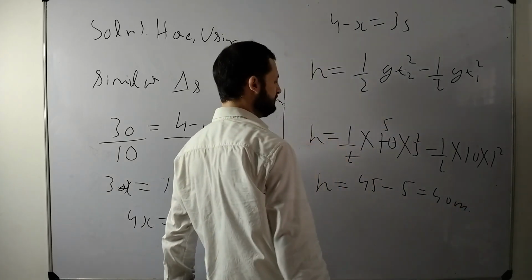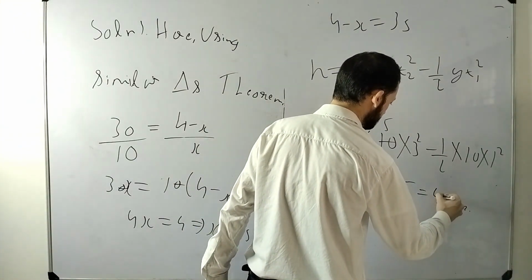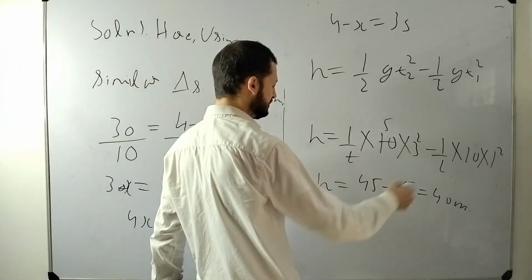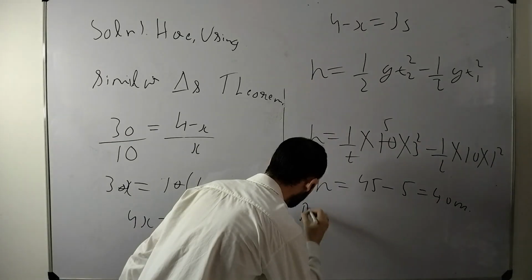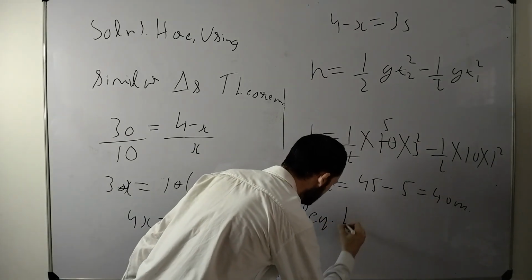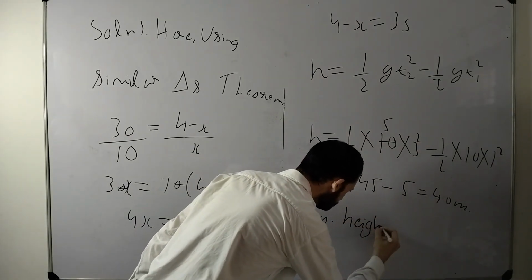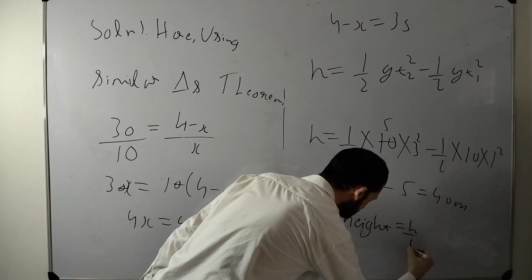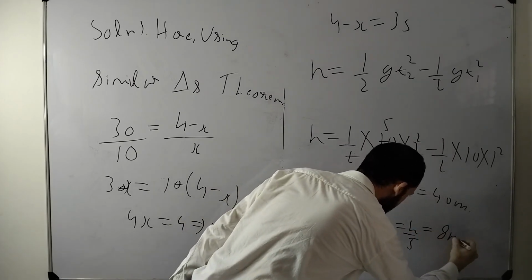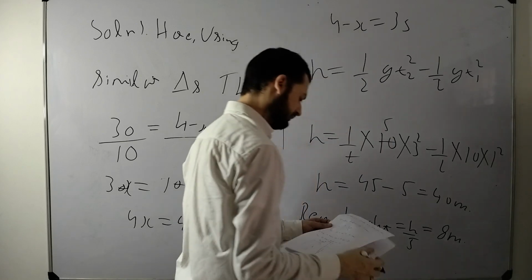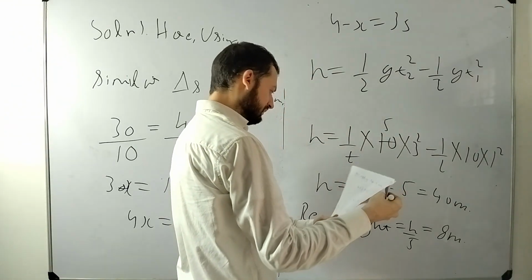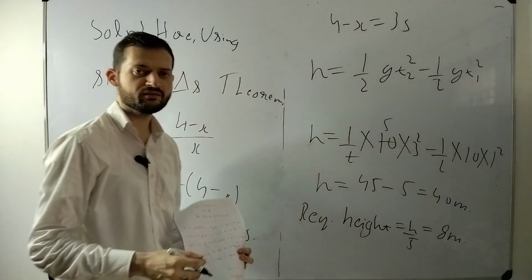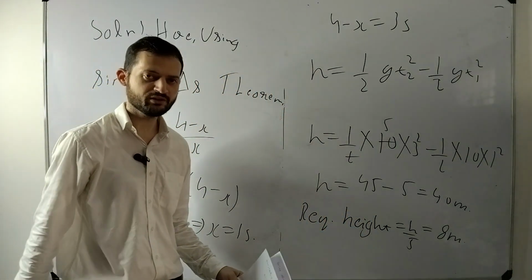So the height of the building where I am standing, the roof, is 40 meter, and the required height is h by 5. Required height h by 5 comes out to be 8 meter. Right, students? Need to check the answer. Yes, students. So this was our lecture of today. Thank you, students.